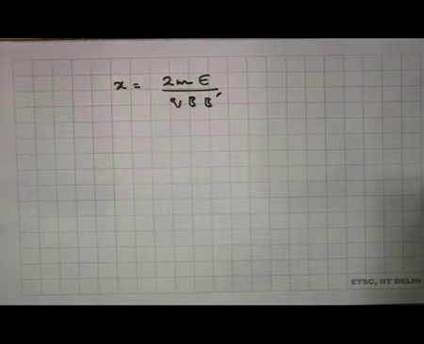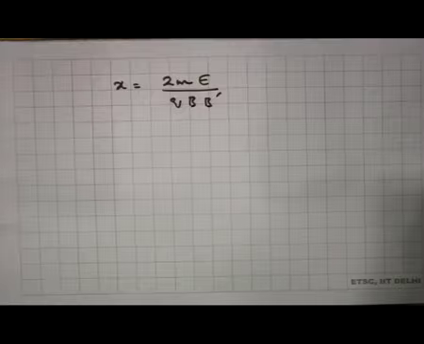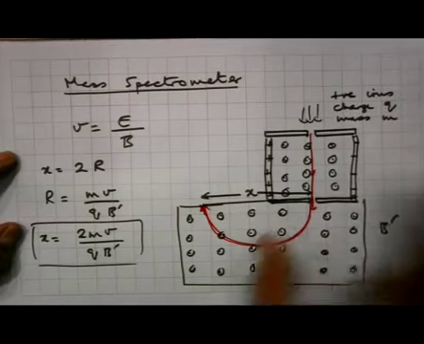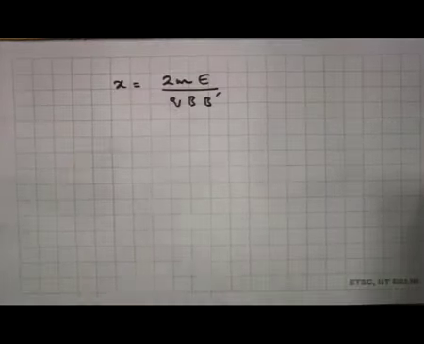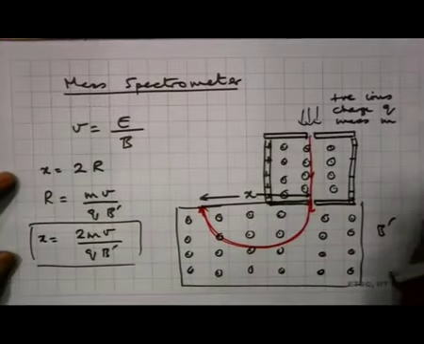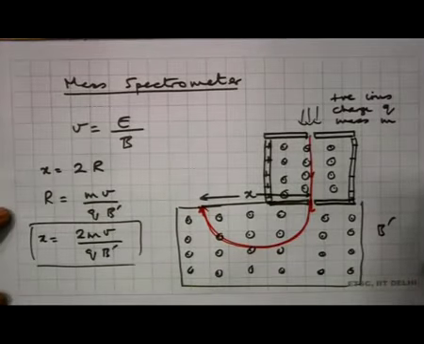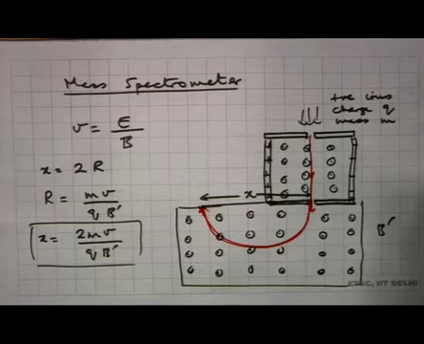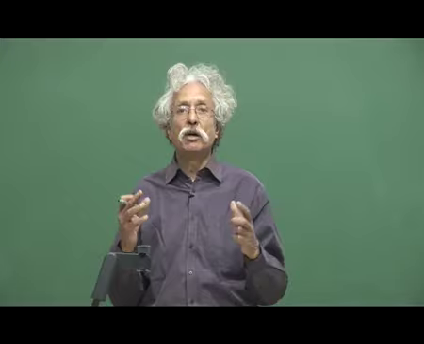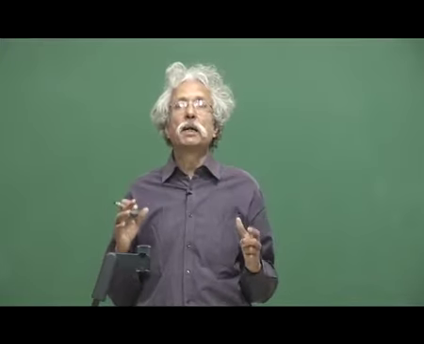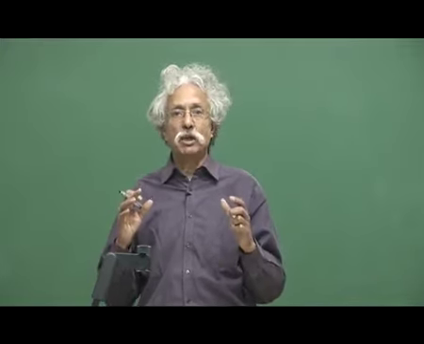So if I can measure x in this experiment, if I know the value of x, then I can find out the mass. Usually these ions have a charge plus e. That means from these atoms, one electron has been removed, resulting in an ion which has 1.6 times 10 to the power minus 19 coulombs of positive charge.